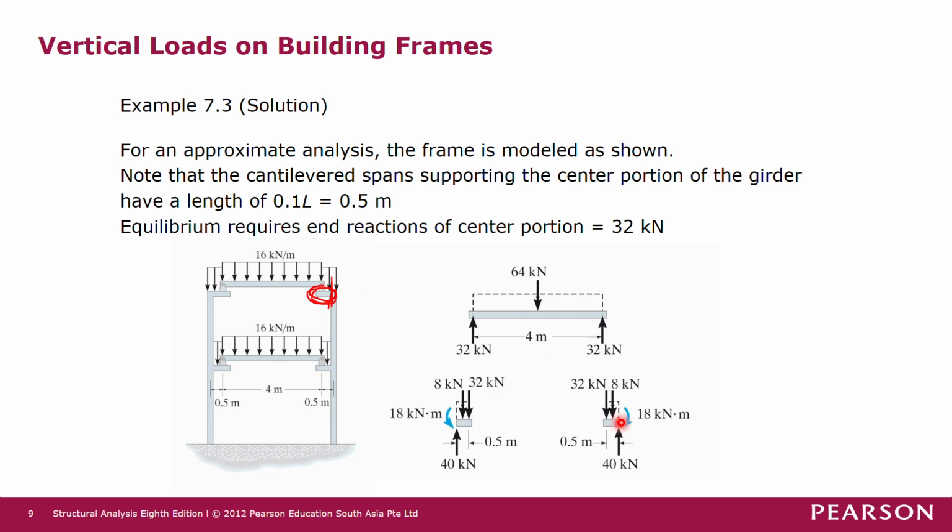We have this 8 kilonewton force with moment arm of 0.25 meter. We have this 32 kilonewton force with moment arm of 0.5 meters. And then we have the unknown reaction. So 3 components there.